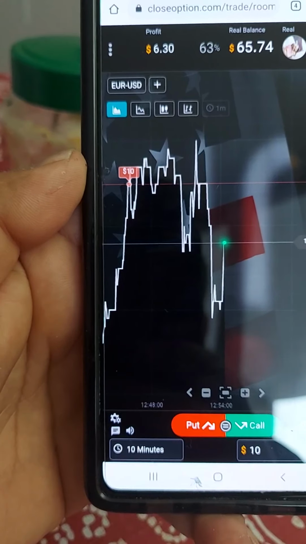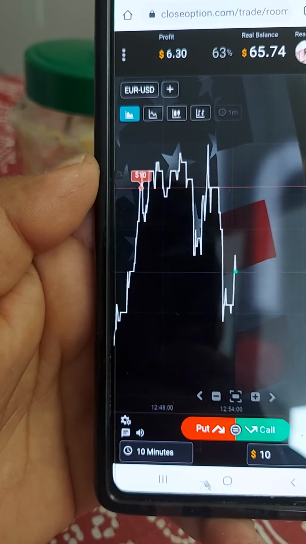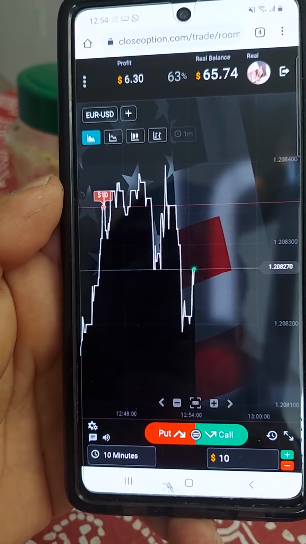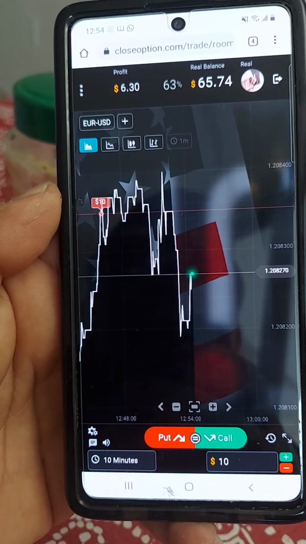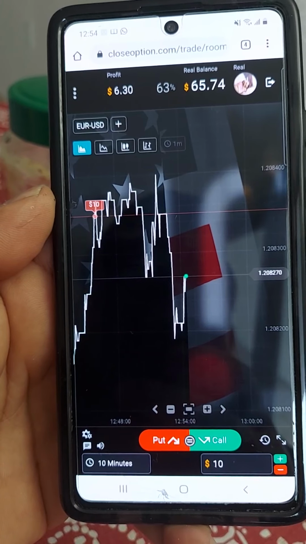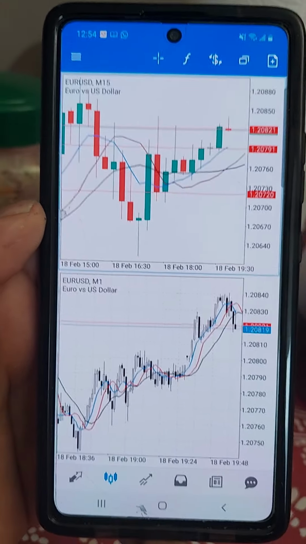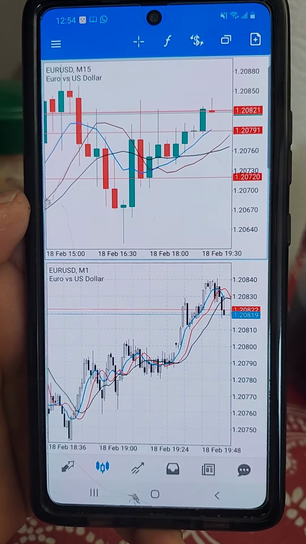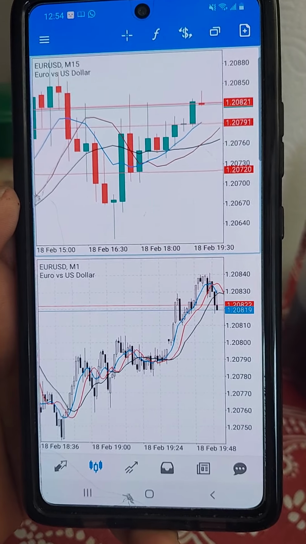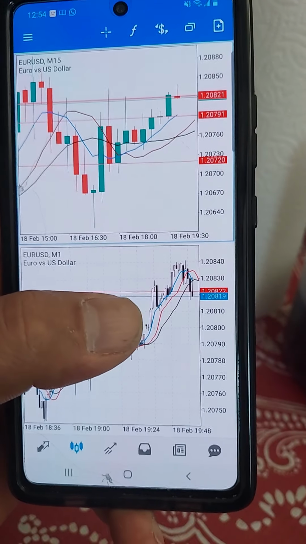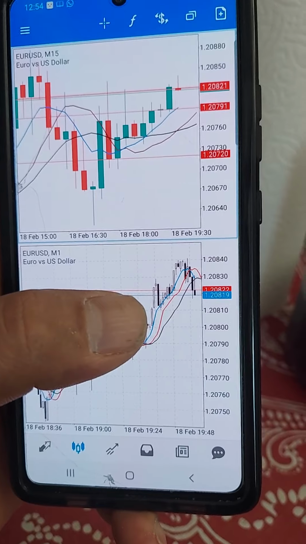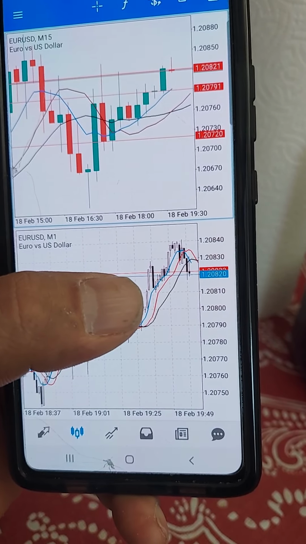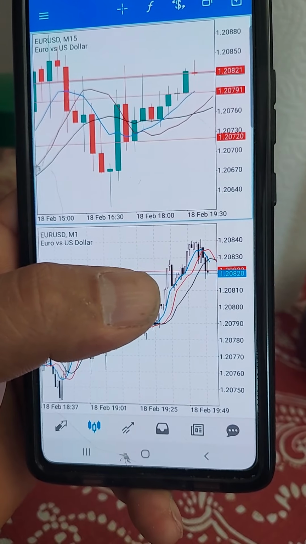We got a pretty good entry, but right now the market, like I said, is kind of contracting. But I think we'll probably win it. So this is in MetaTrader 5. You can see that the 15-minute candle that was green just turned red, and then in the 1 minute chart, the price broke the 9s and also broke the 20 period moving average, so it's going down.